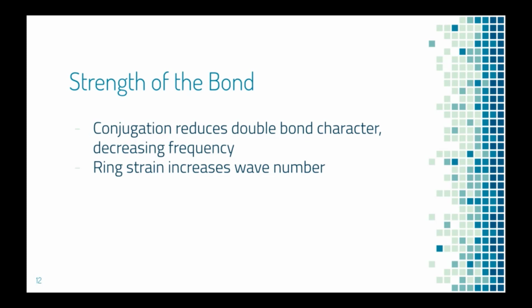And that's based on if there's conjugation or some ring strain within the compound. That's why almost all of the wave number readings we give you guys are approximate. That's only because conjugation, ring strain, and a couple of other factors can cause it to shift upwards or downwards.